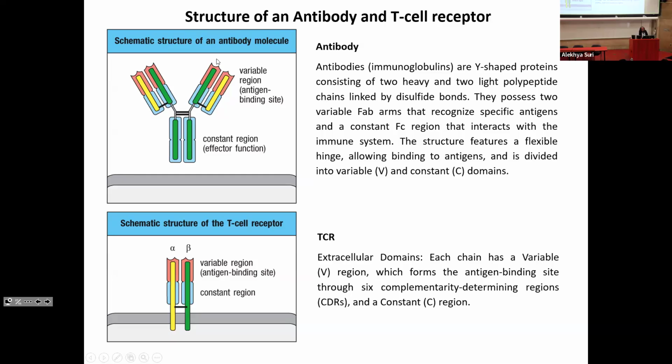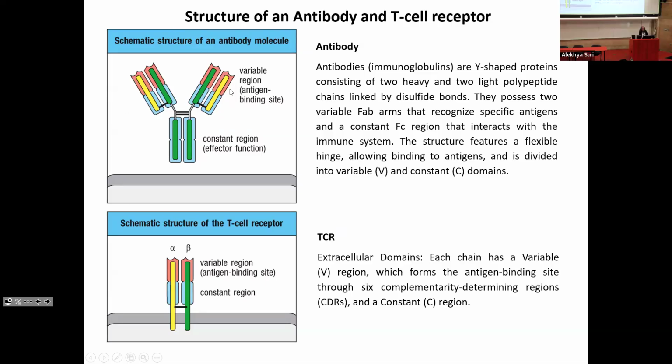It's called the V region, and the C, or the constant region. We'll see later why we even have a constant region in the antibody, and what the function of these constant regions is. But for now, it's important to remember that in this variable region, both the light chain and the heavy chain contribute to the recognition of the antigen coming from the pathogen or the microbe, right?